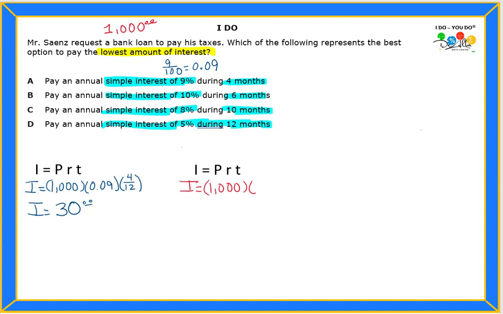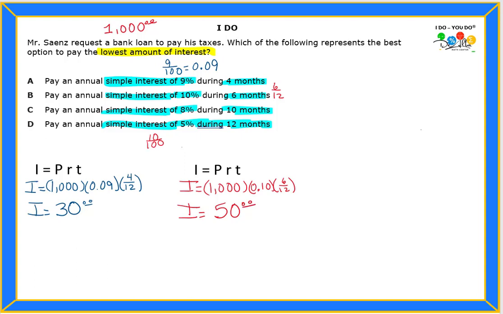Now remember, 10% means 10 over what? 100. Very good. And that will give you 0.1 or 0.10. It's up to you. And the month is 6 months, so that will be 6 out of 12. So work it out. Write it down in the calculator, please. And this will give you a 15.